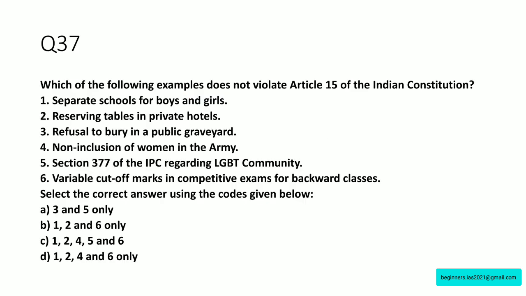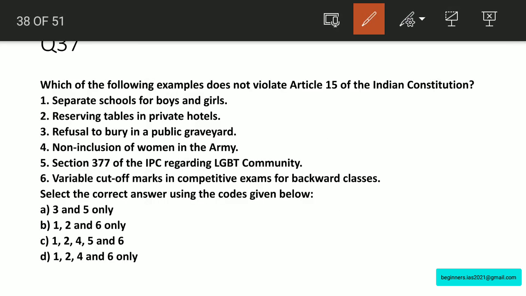Let us move on to question number 37. Which of the following examples does not violate Article 15 of the Indian Constitution? Separate schools for boys and girls, and reserving tables in a private hostel, refusal to bury in a public graveyard, non-inclusion of women in the army, and Section 377 of the IPC regarding the LGBT community.